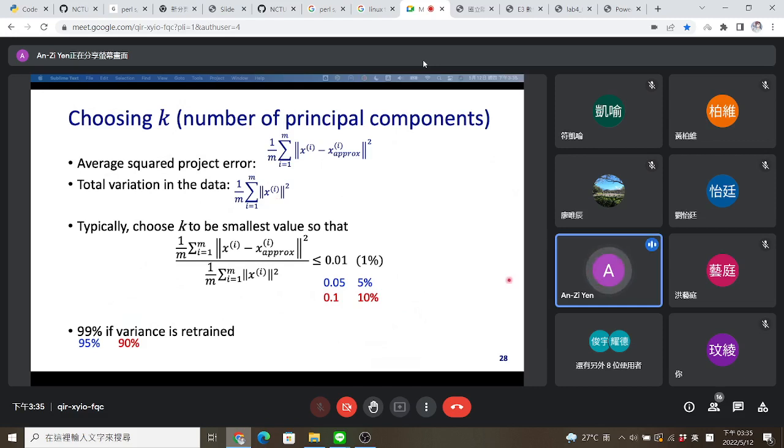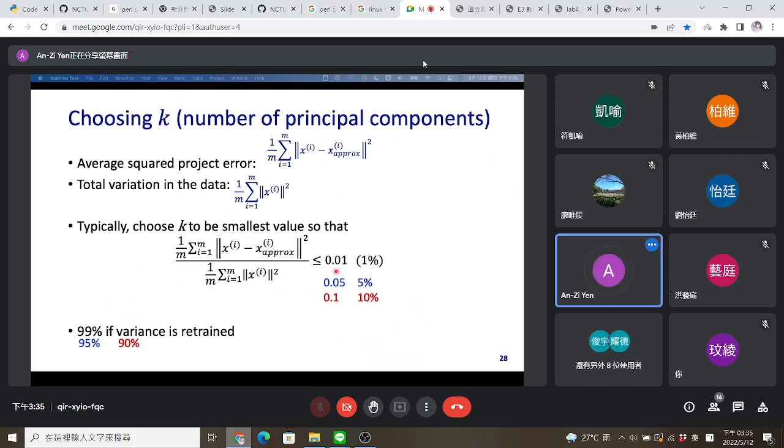So when we try to choose k, we choose the smallest value so that the ratio between these is less than 0.01.